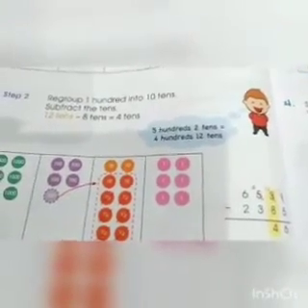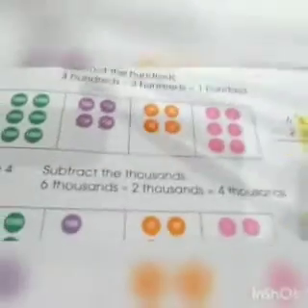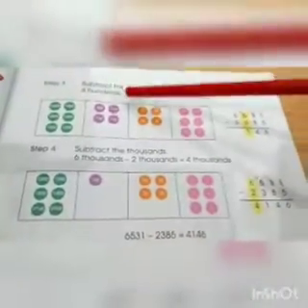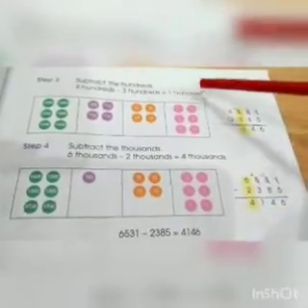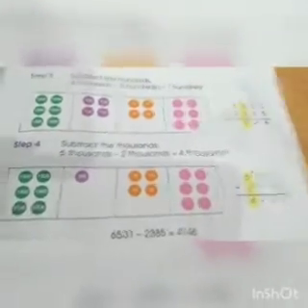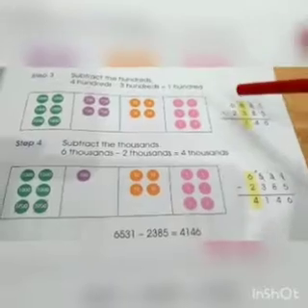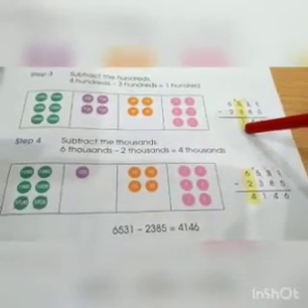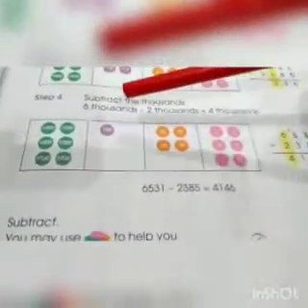Moving on to step number 3. Subtract the hundreds. 4 hundreds minus 3 hundreds equal to 1 hundred. Moving towards step 4.